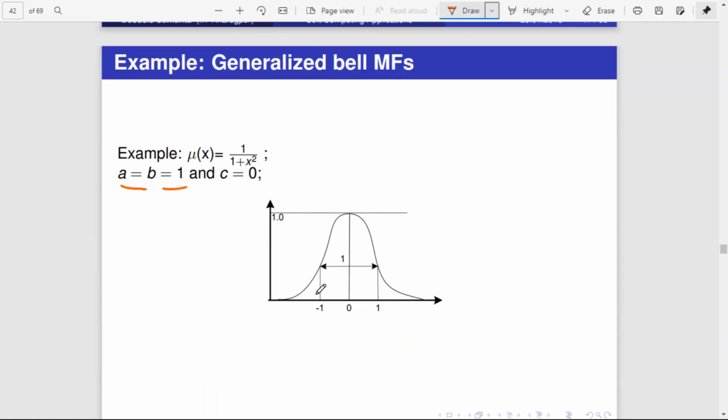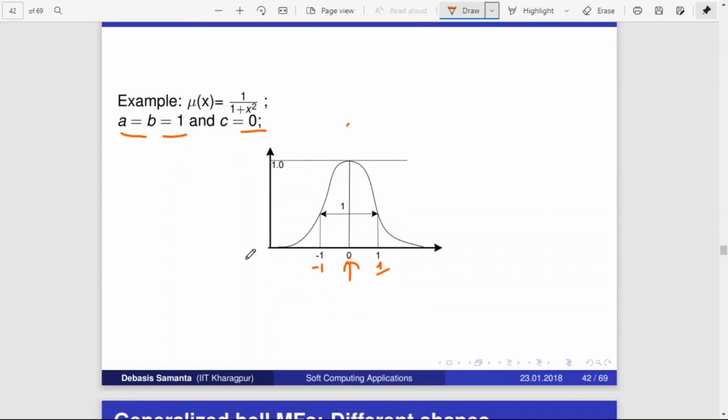So this point is x axis 0, and when you say a as 1, then it is 0 minus 1, which is minus 1, and 0 plus 1 is plus 1, and this b also, if it is 1, then this is what it will look like.